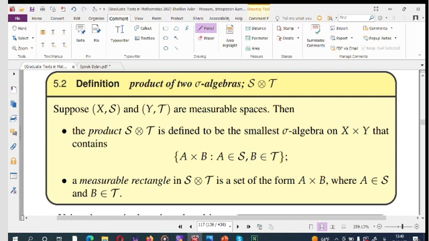A measurable rectangle in this sigma algebra is a set of the form A multiplied by B, where A belongs to S and B belongs to T. All rectangles such as this, where A belongs to S and B belongs to T, are called measurable rectangles.